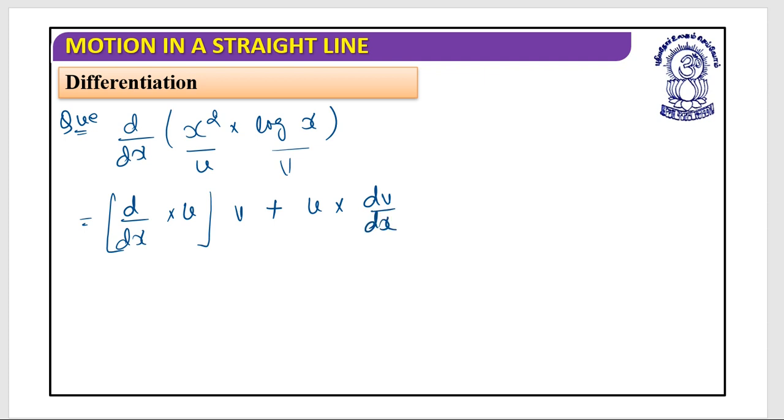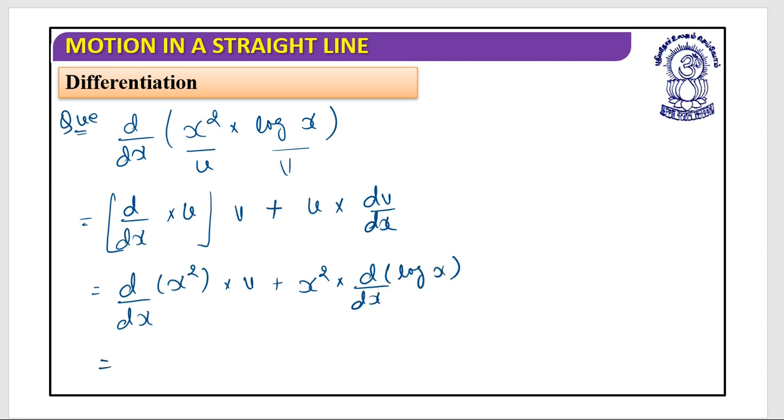Are you sure? Yes. Now let's put in the values: d by dx of u, which is x square, into v, plus u as it is, that means x square as it is, multiplied by d by dx of log x.